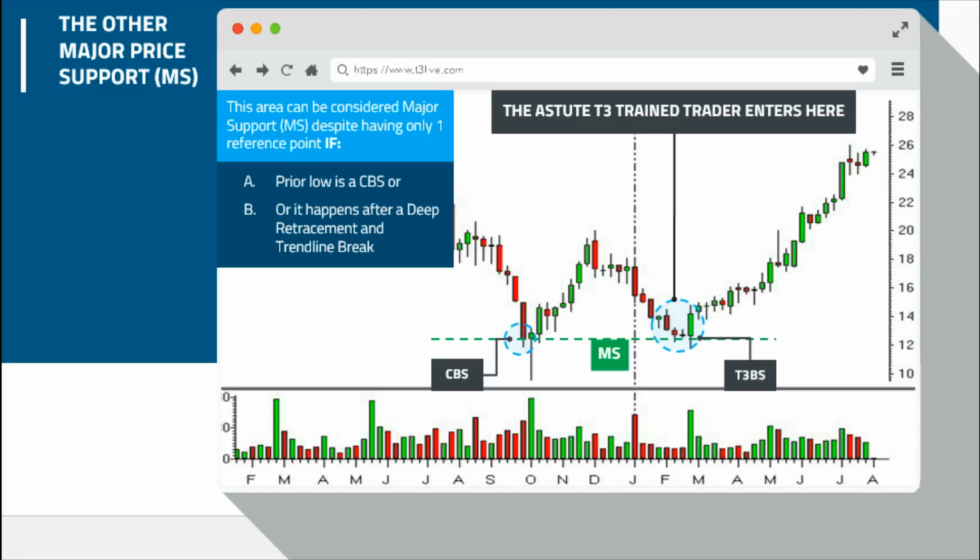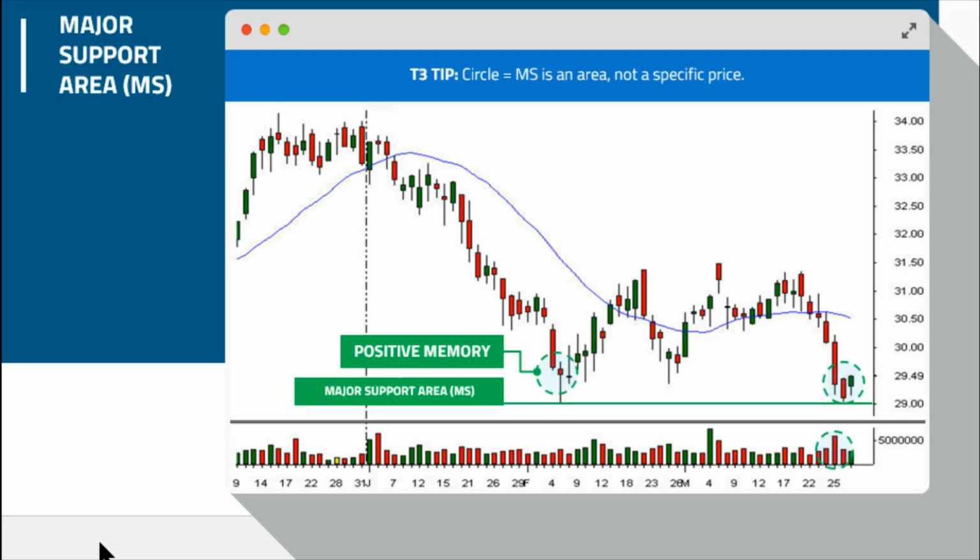Then you can say, well, I don't have two pivots, I don't have a double bottom, I just have one pivot, but that's enough because that pivot was really significant. Does that make sense? Then one reference point would be enough. So I gave you 4 times when one reference point is enough. Otherwise, you want a double bottom already before playing it long. So the first rally, second rally, and third time, and every other time after that you can do it.